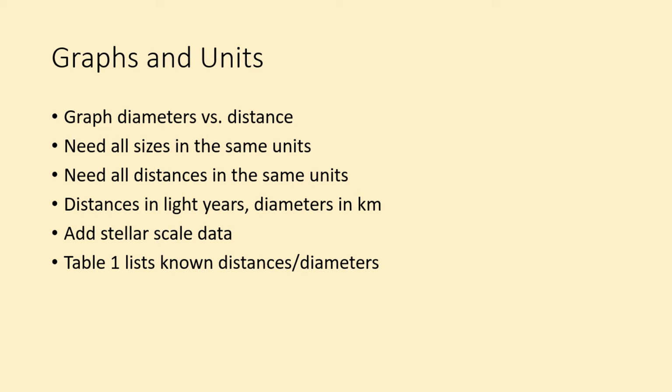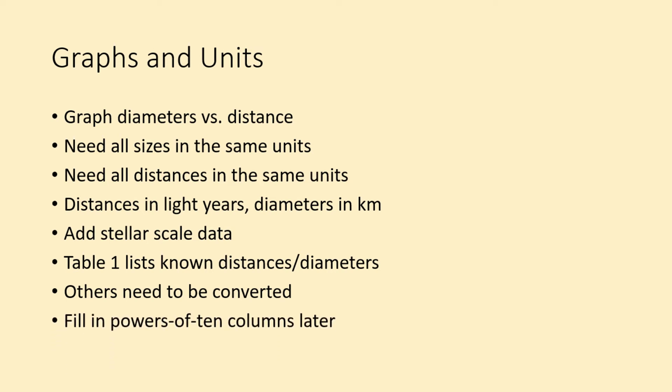It also gives the diameters for the planets in kilometers, since that was already given in the first lab. For the other distances and diameters, we'll have to convert the units. Table 1 also has columns for the powers of 10 distances and diameters. We'll leave those blank for now and return to them later.